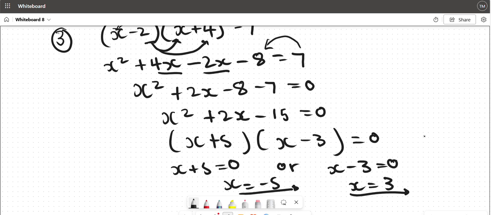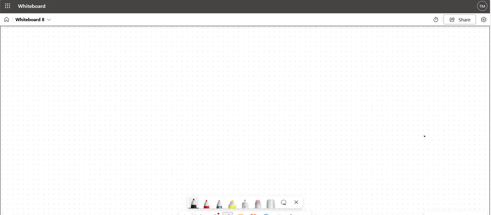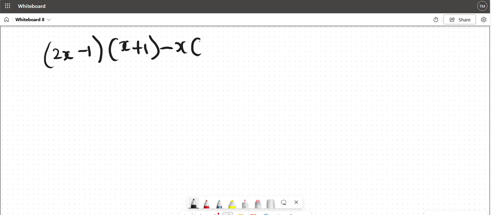At this point, you should kind of see the logic of all of this. Let's take one more really difficult one where you need to do a little bit of crazy expanding. Let's look at this: x plus 1 with a minus x, x minus 2, all equal to negative 2, x minus 1.